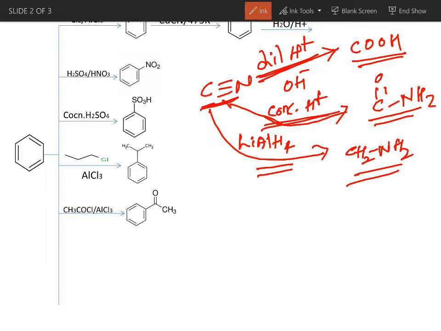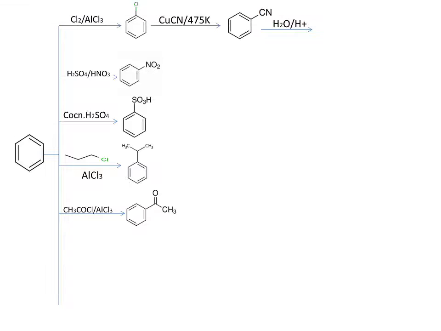So in this case, cyanobenzene is reacting with water and H+. Water indicates the acid is dilute, and when dilute acid is used, cyanide will get converted into carboxylic acid, and the compound formed here is called benzoic acid.